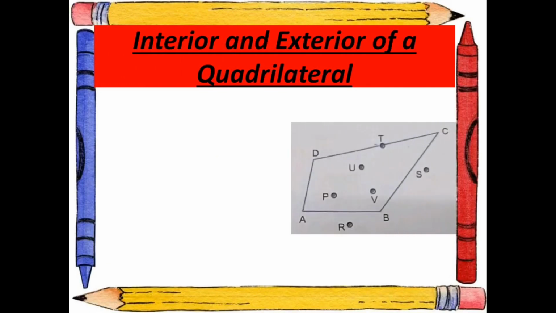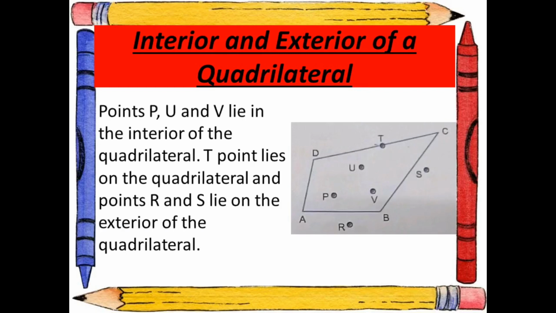Students, here a quadrilateral ABCD is shown to you, and in this, points P, U and V lie in the interior of the quadrilateral, point T lies on the quadrilateral, and the points R and S lie on the exterior of the quadrilateral. Hopefully it is also clear to you.